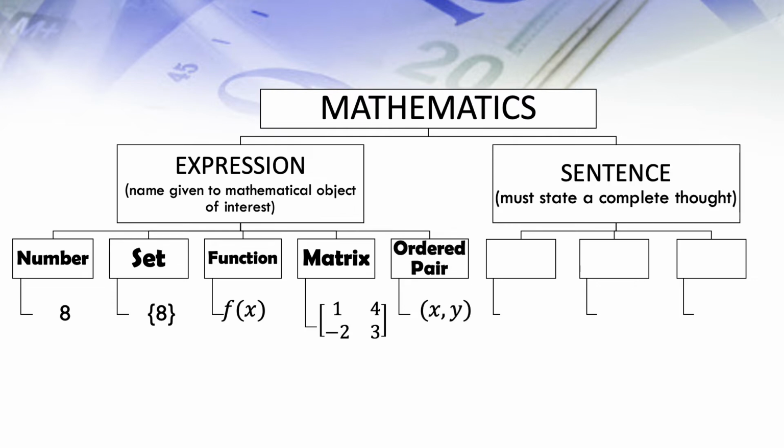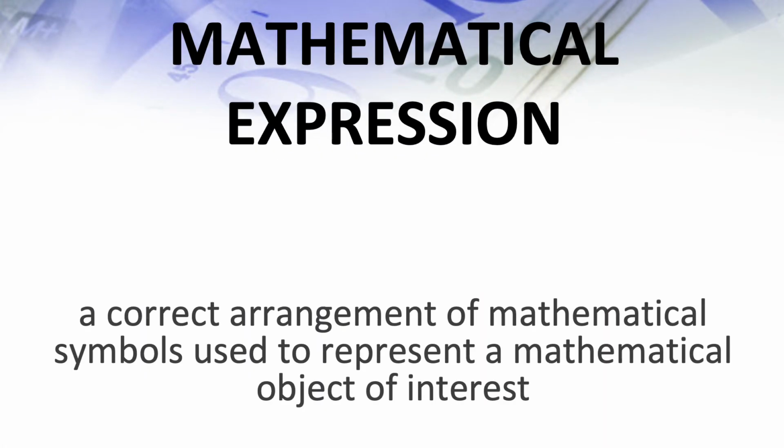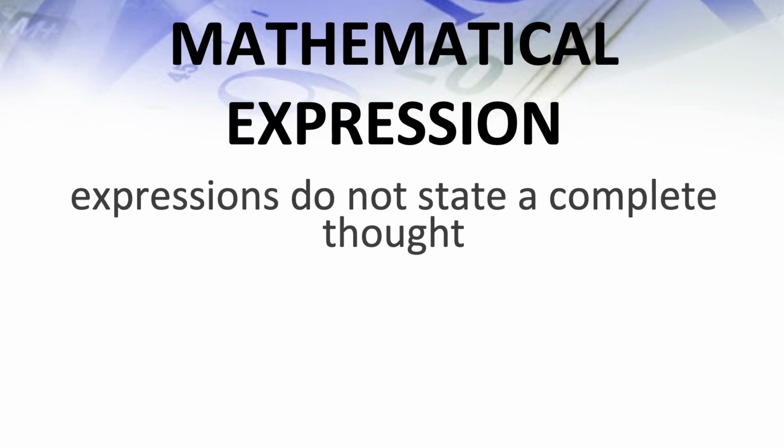So, yan yung mga pwedeng mga tinatawag nating expressions in mathematics. When we say mathematical expression, this is the correct arrangement of mathematical symbols used to represent a mathematical object of interest.